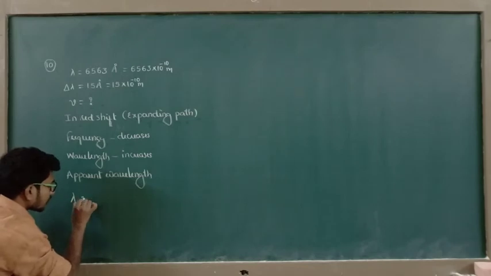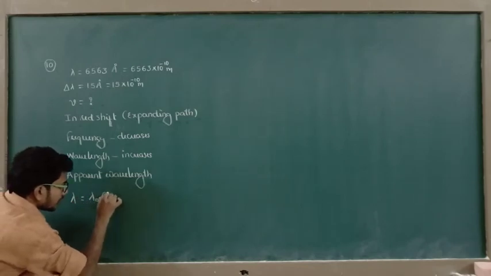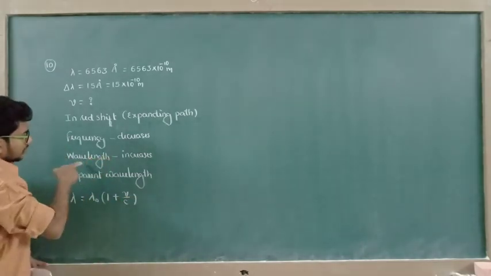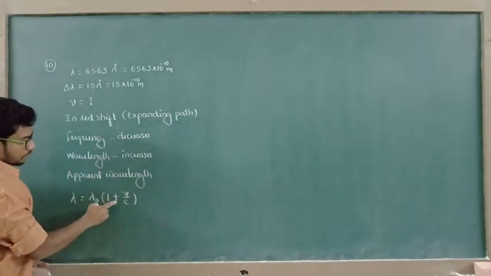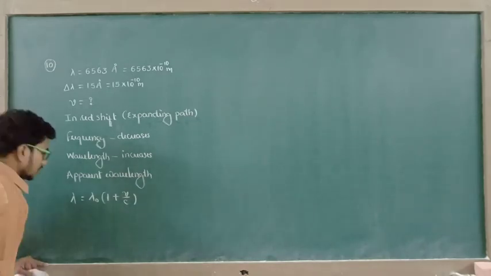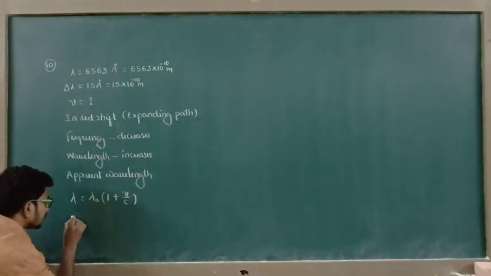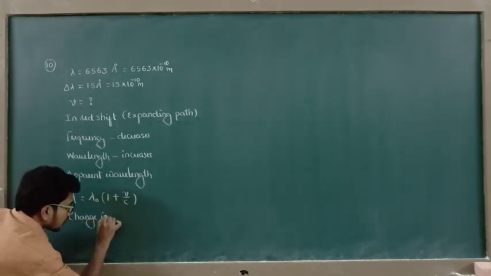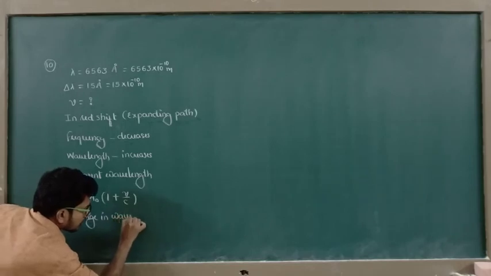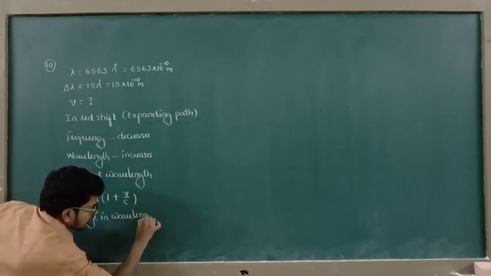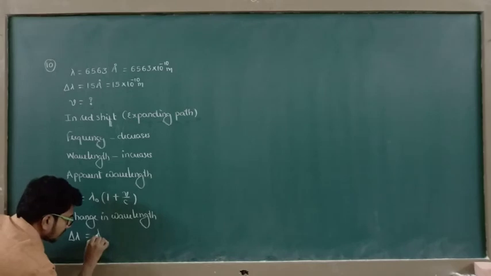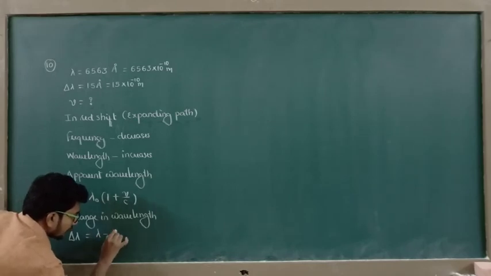Apparent wavelength lambda is equal to lambda naught into 1 plus V by C. Wavelength increases. Change in wavelength, that is delta lambda is equal to apparent wavelength minus original wavelength.